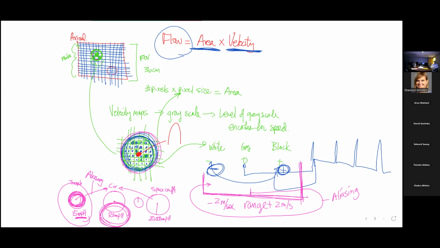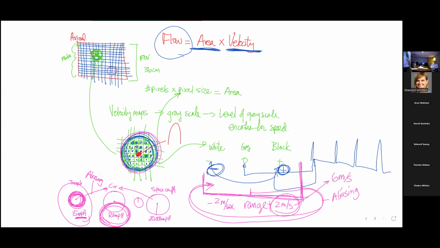But think about, I want to measure the peak velocity in aortic stenosis. Well, if I set the velocity range to 2 meters per second, I'm going to have aliasing. Because severe aortic stenosis, we might anticipate that velocity to be 6 meters per second, right?